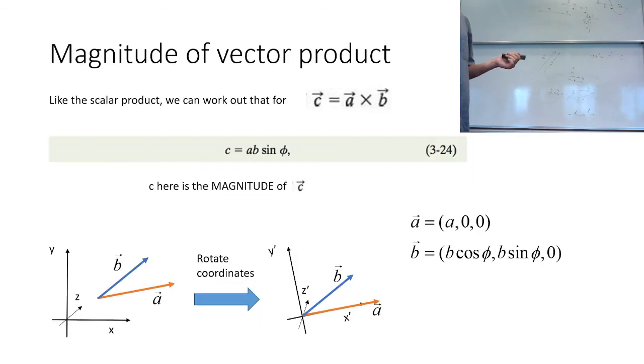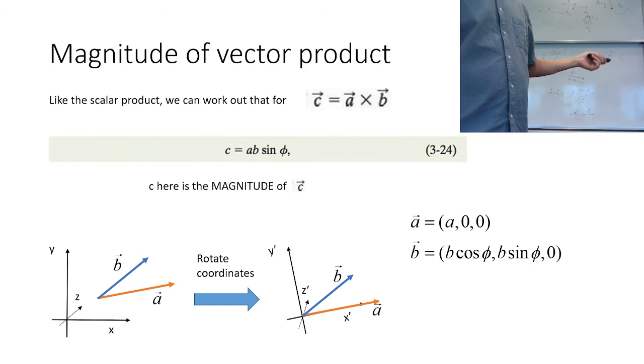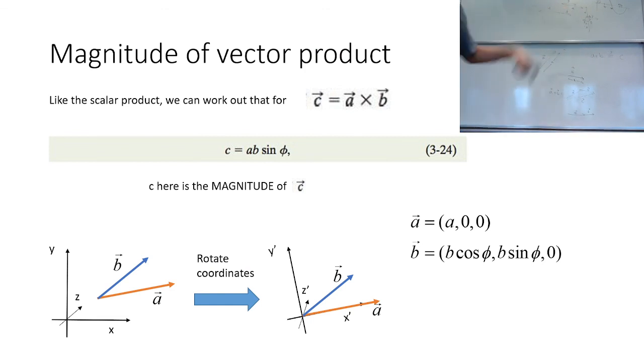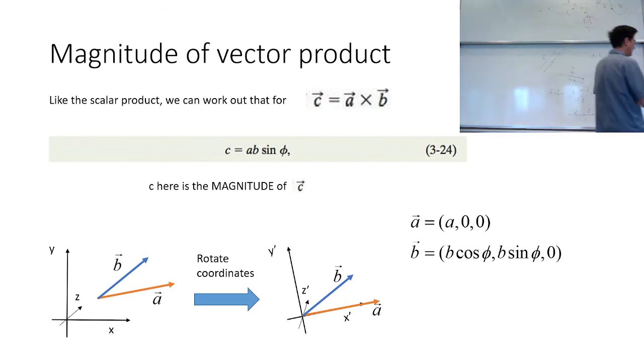Like in the vector product, this phi here. For example, this one. So this one is the angle between the vectors, right? So it's this angle here, between A and B. It's not the angle between A and the axes or anything like that. It's the actual angle between them.